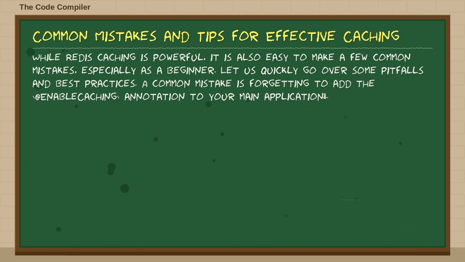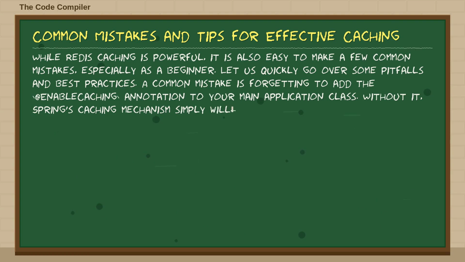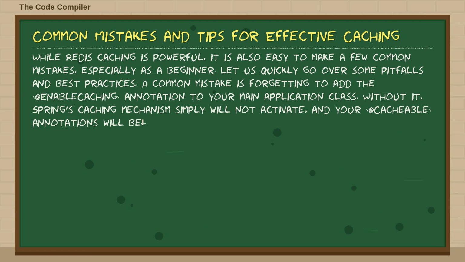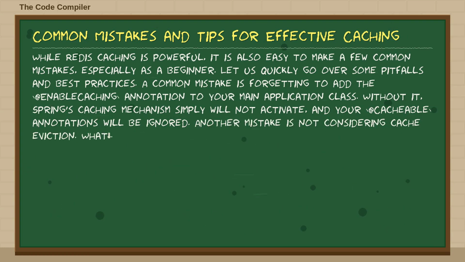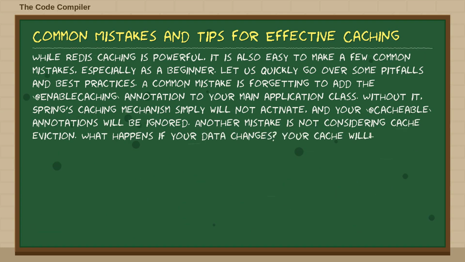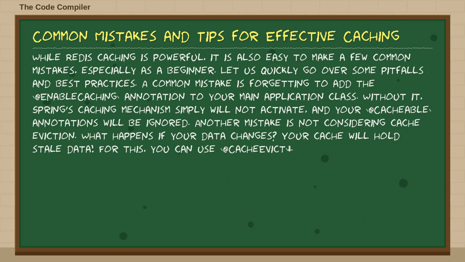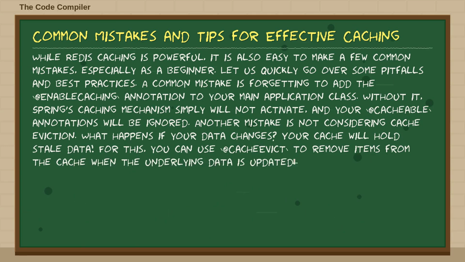Without it, Spring's caching mechanism simply will not activate, and your @Cacheable annotations will be ignored. Another mistake is not considering cache eviction. What happens if your data changes? Your cache will hold stale data. For this, you can use @CacheEvict to remove items from the cache when the underlying data is updated or deleted.